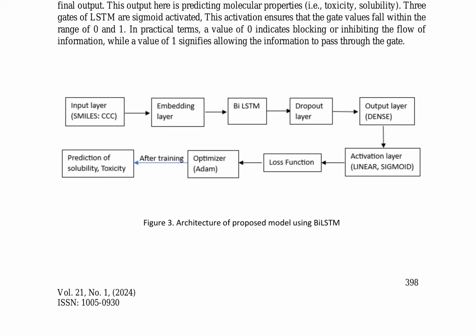The output layer combines the hidden states from both LSTM networks to predict molecular properties. The gates of the LSTM are sigmoid activated, ensuring values range from 0 to 1. This architecture is illustrated in Figure 3, showcasing the proposed model's structure using BiLSTM.